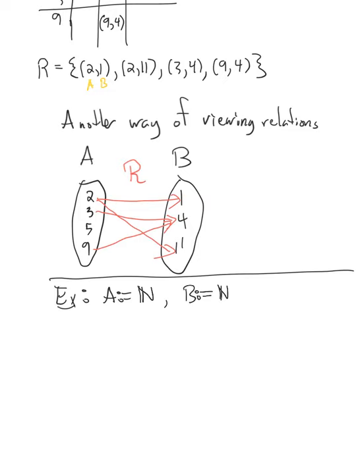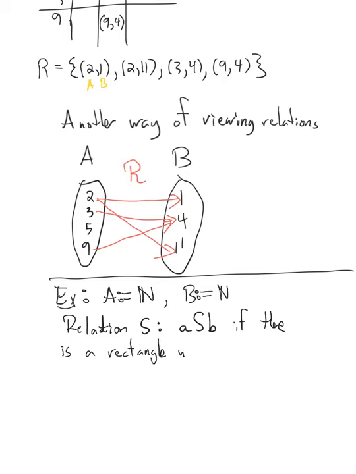So I'm going to say that the relation S is defined by: an element of A is related through the relation S to an element of B if there is a rectangle with area A and perimeter B. Obviously there's an infinite number of elements in both A and B, so I can't draw every element of our relation.